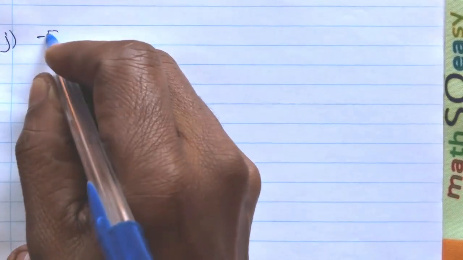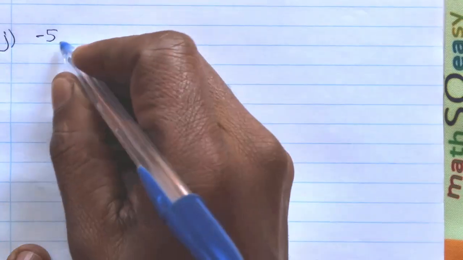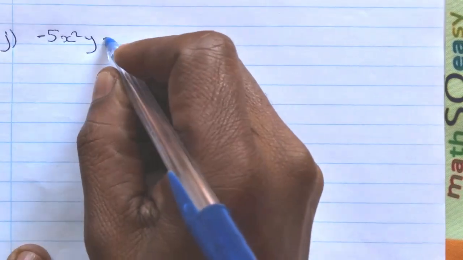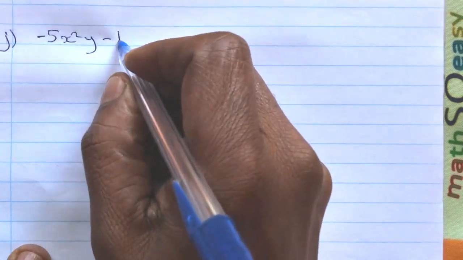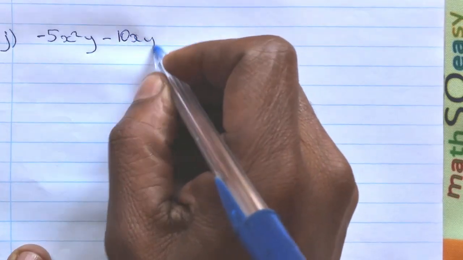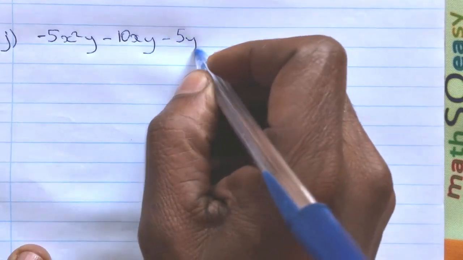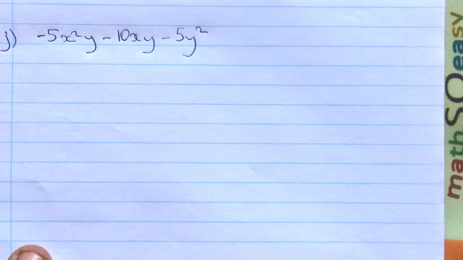So with J, what did they give you? They gave you a -5. Right, let's go for it. A -5, then 5 what? X squared y minus 10xy minus 5y squared. Okay.